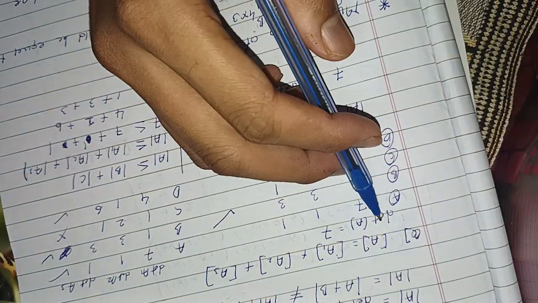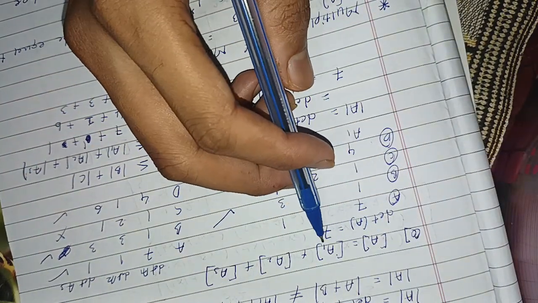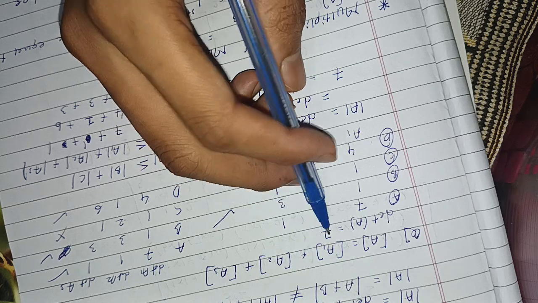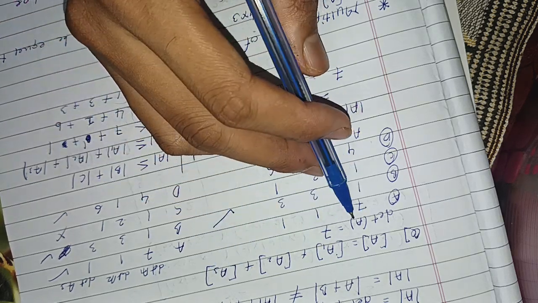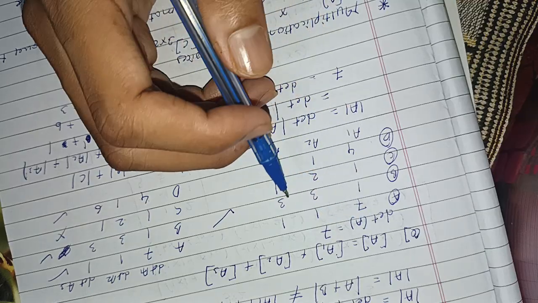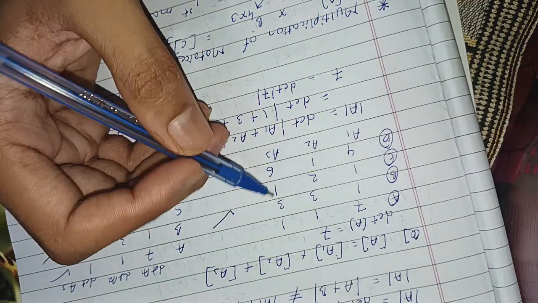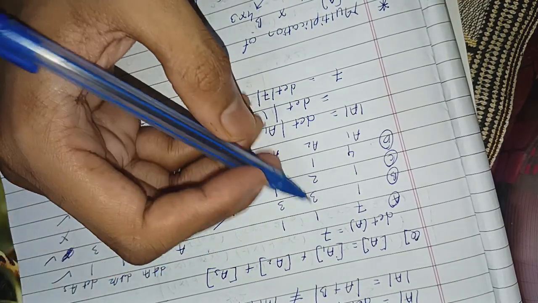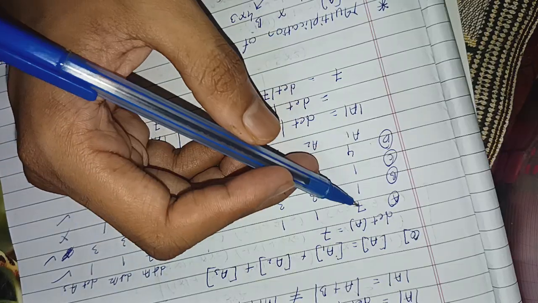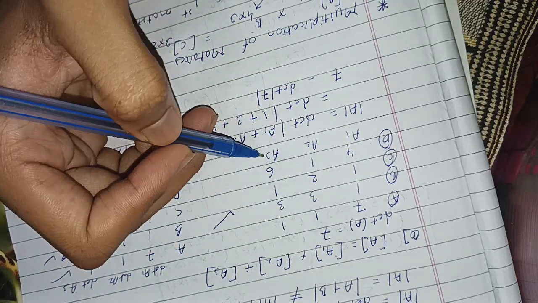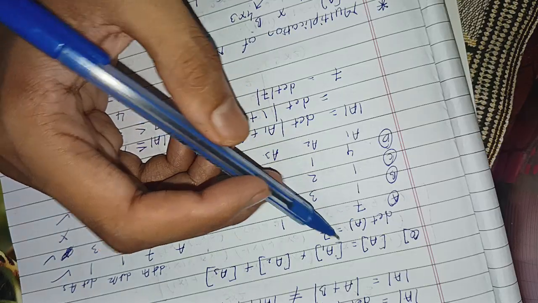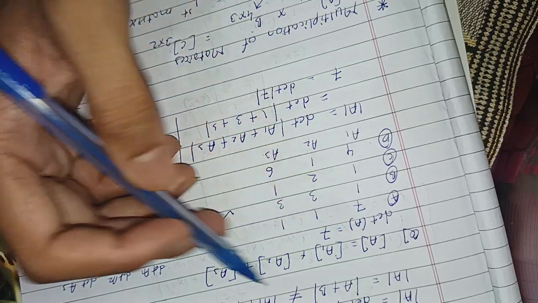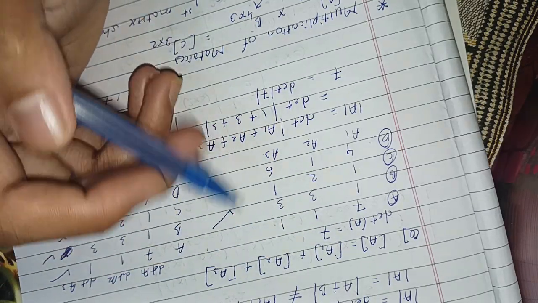So here they have given matrix A is equal to A1 plus A2 plus A3, and they have given the determinant of A is 7. In this condition A1 is given as this, A2 is given as this, A3 is given as this, and they are saying check what is the condition.